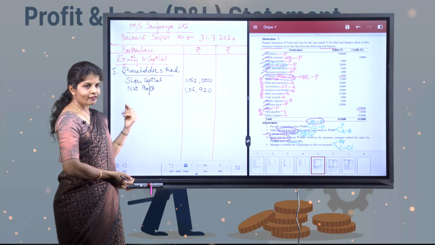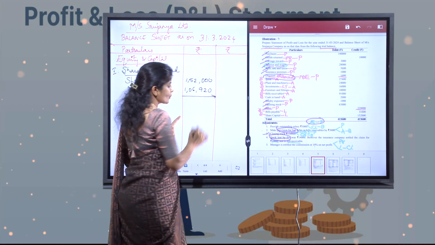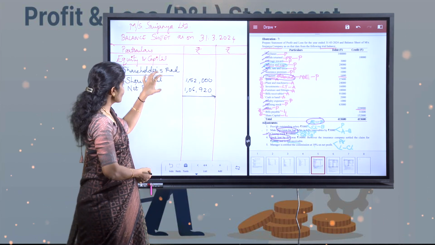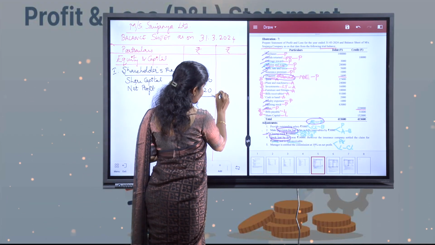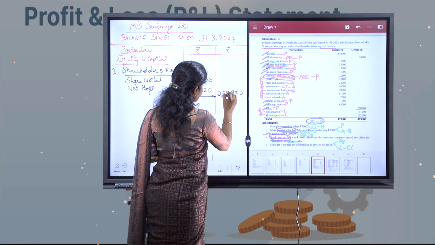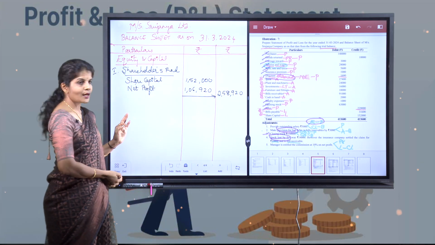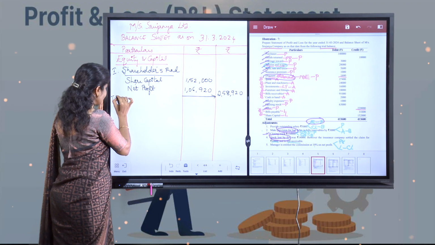So these two items belong to the shareholders' fund. Let us take this total to the outer column. So these two total will be called shareholders' fund. What is the total? 2,58,920.